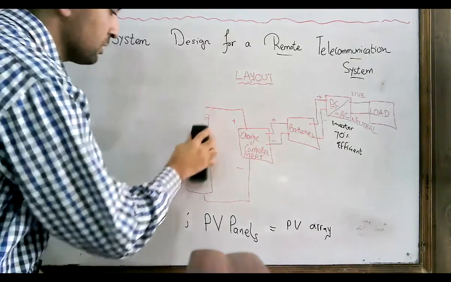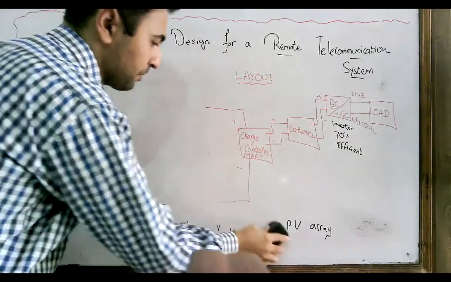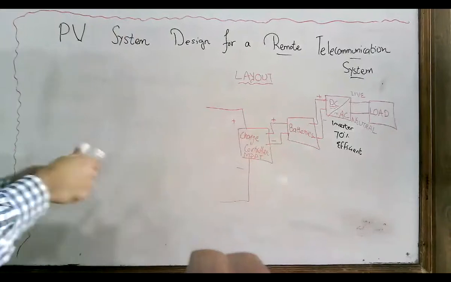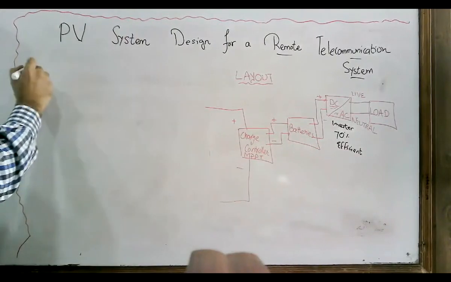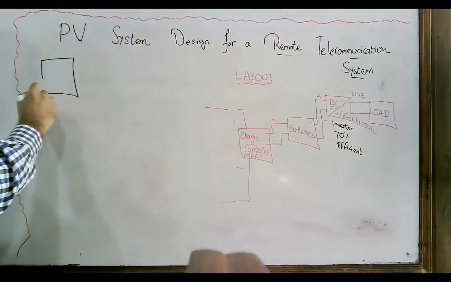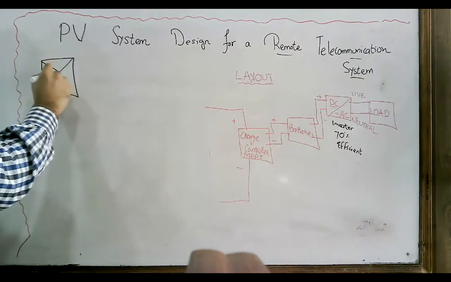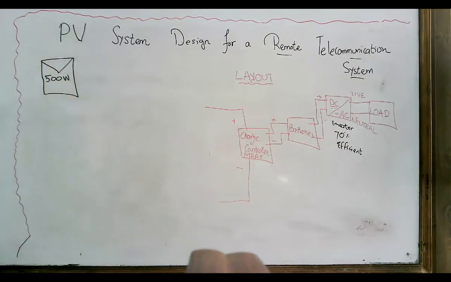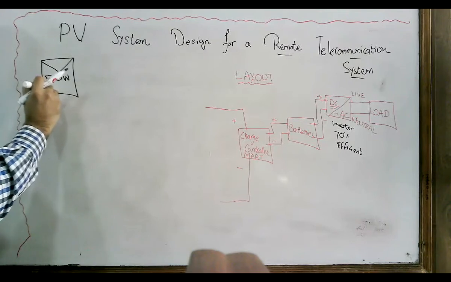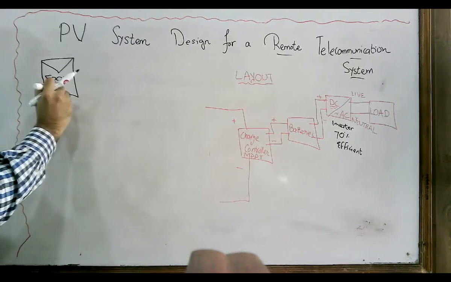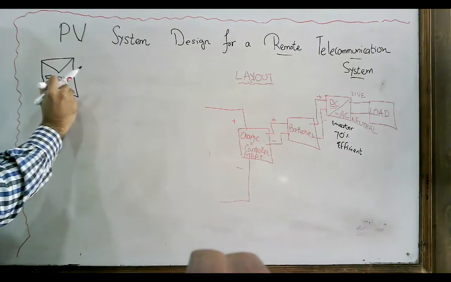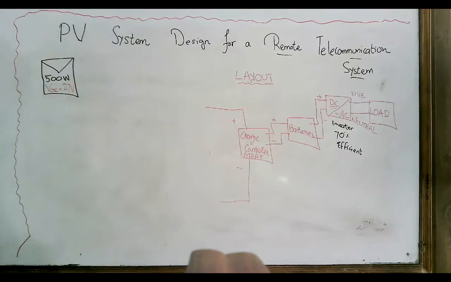So let's say this is the 500 watt PV panel and its open circuit voltage, V open circuit, is around 27 volts.